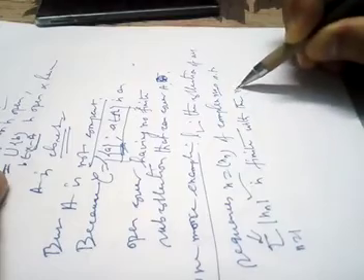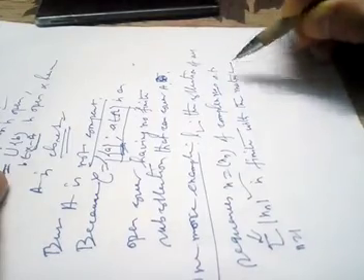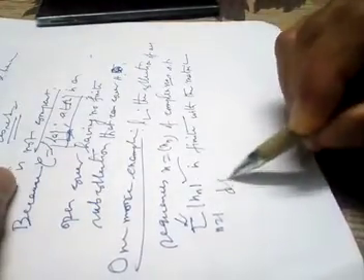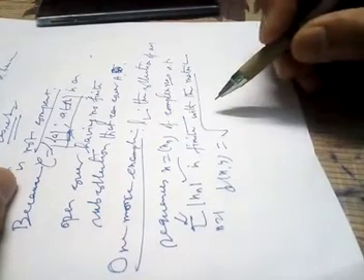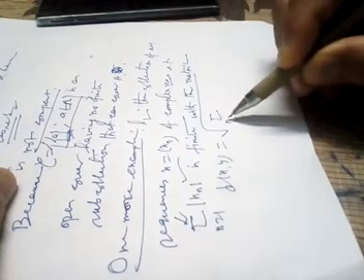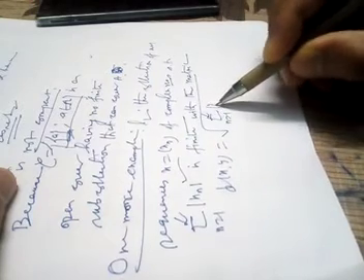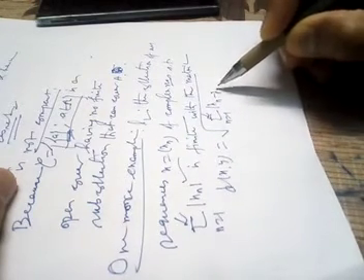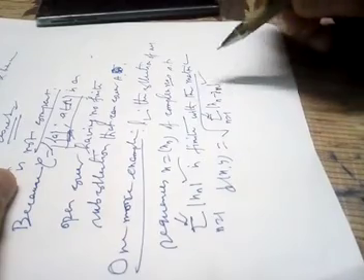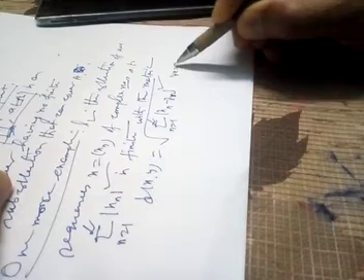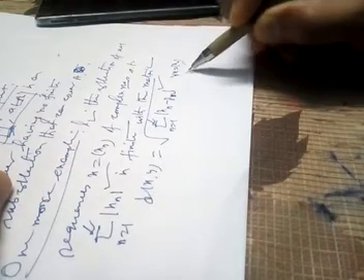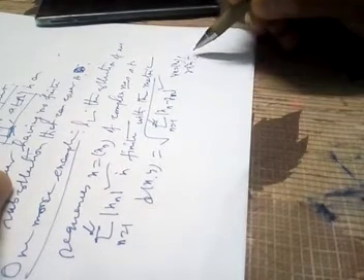This L2, which is the collection of all sequences of complex numbers satisfying this condition, comes with the metric d(x,y) equal to the square root of the summation n equal to 1 to infinity of mod of xn minus yn whole square, for all x equal to (xn), y equal to (yn) in L2.